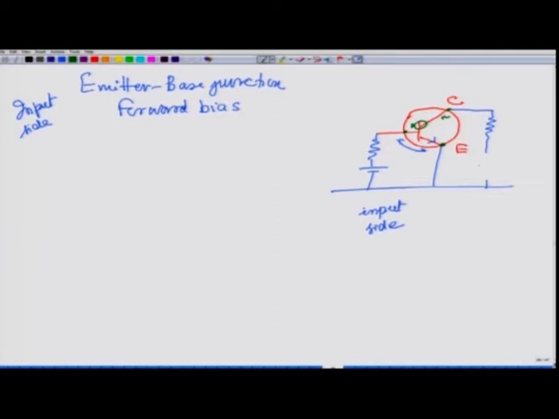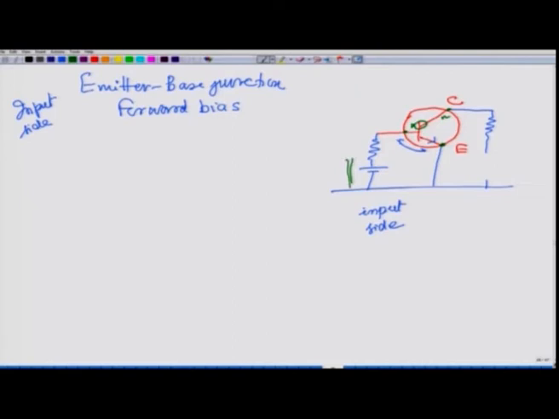So, if it is to be reverse biased, this collector should be at this N side. So, this should be at a higher potential as compared to the base. Collector should be at higher potential as compared to the base, and then the base itself is at a higher potential as compared to the emitter.